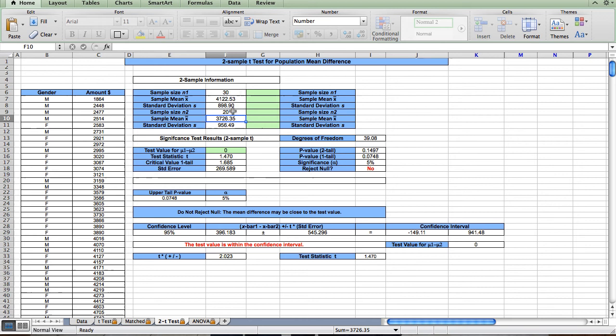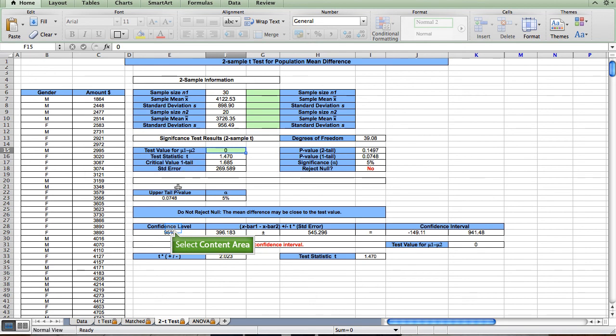Now, while it appears that there is a difference in spending when grouped by gender, when we assume no difference, in other words, we assume that the population mean spending for both men and women would be the same, the difference between them 0, we get an insignificant result. In other words, there is no significant difference between the spending averages for the men and the spending averages for the women. So we cannot reject the null of 0 difference.